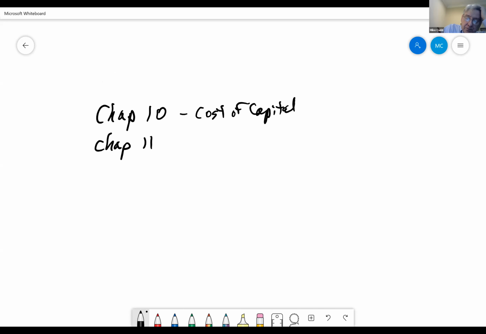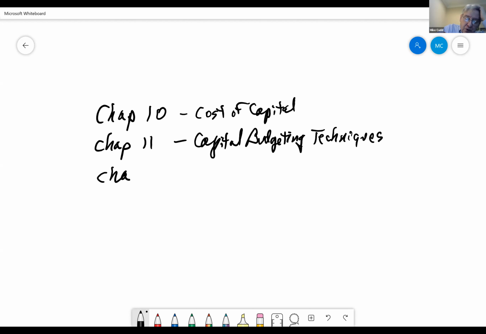Chapter 11 deals with capital budgeting techniques, or as the author calls it, the basics of capital budgeting. And then chapter 12 actually deals with capital budgeting cash flows.